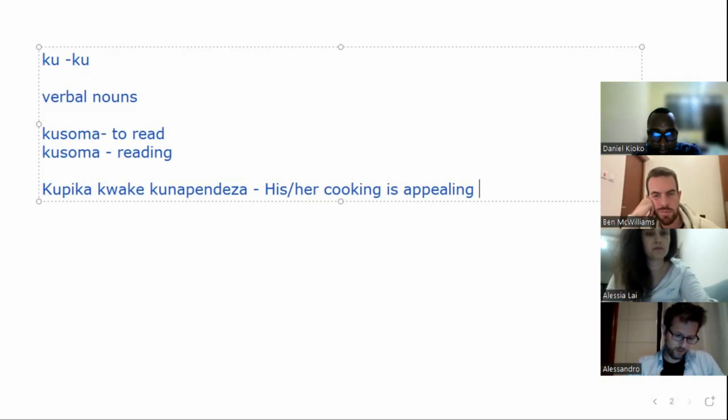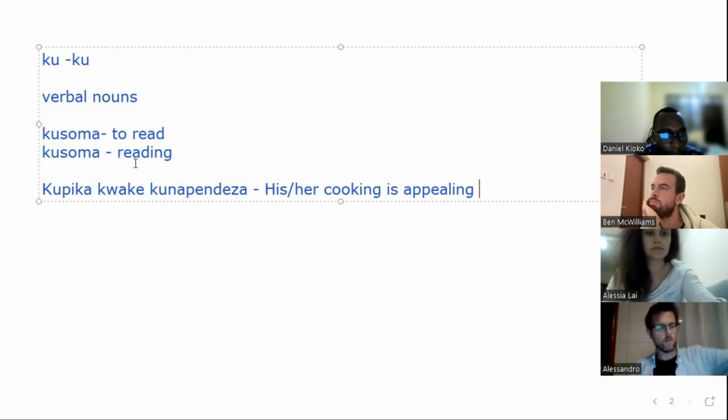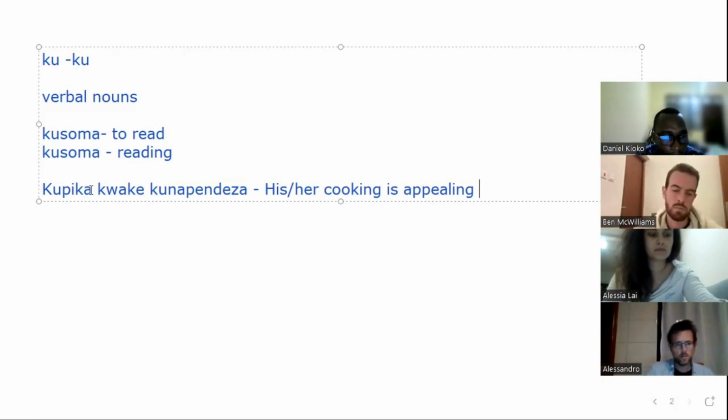So the second ku at the beginning, ku. The ku is normally in the brackets for the conjugation. So you have kupika, kunapendeza. The ku for the kupika, you have kunapendeza.